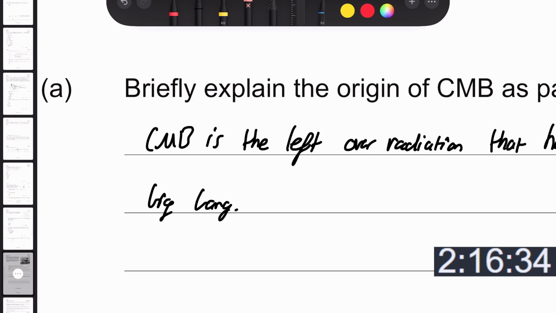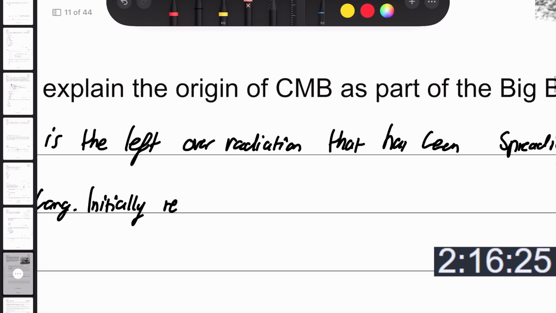And then we will say it started initially as gamma rays, I think. Yeah, initially as gamma rays, but has been cosmologically redshifted.